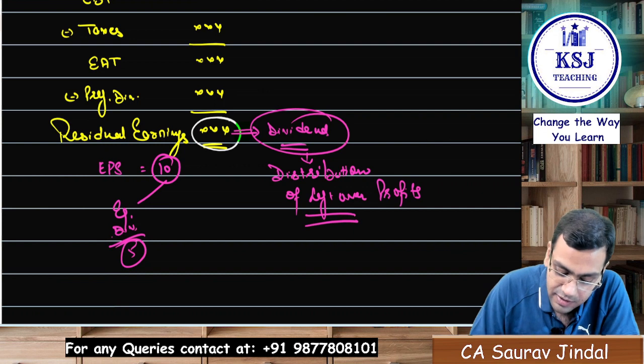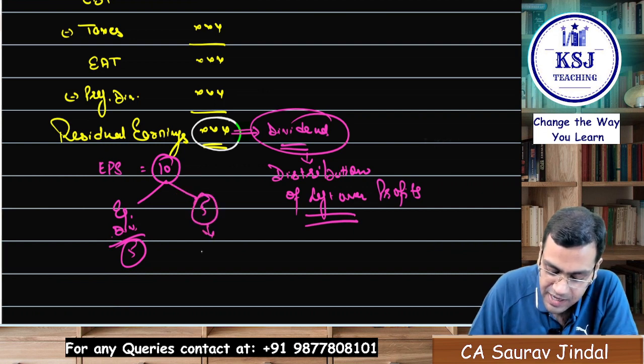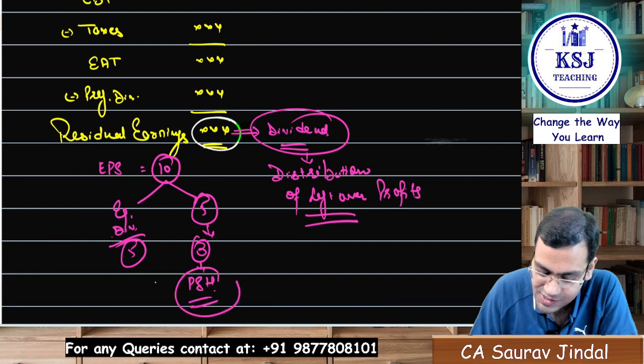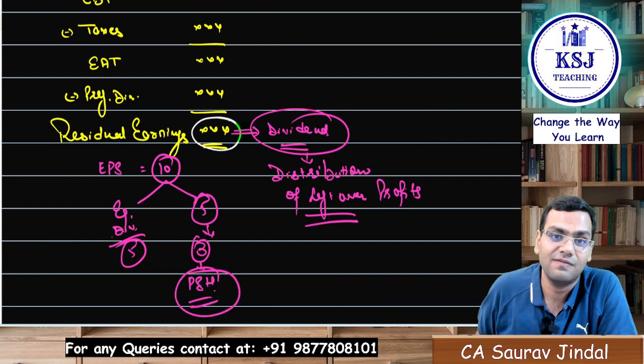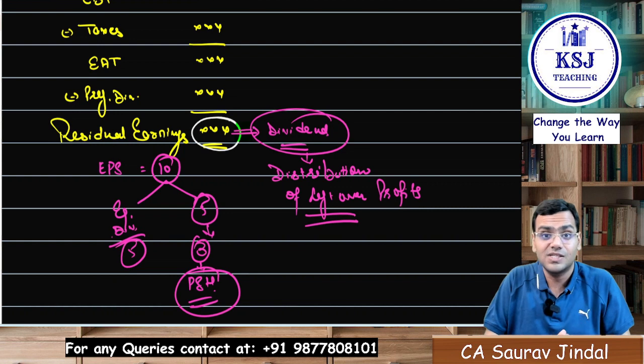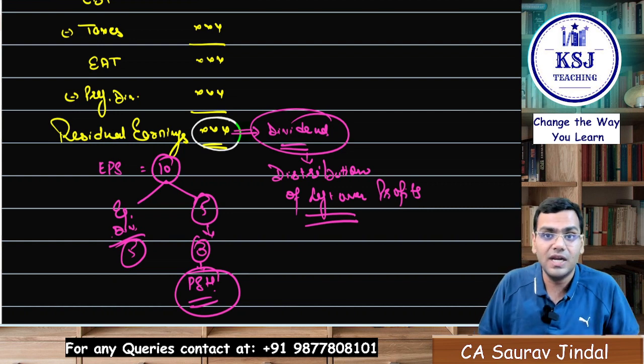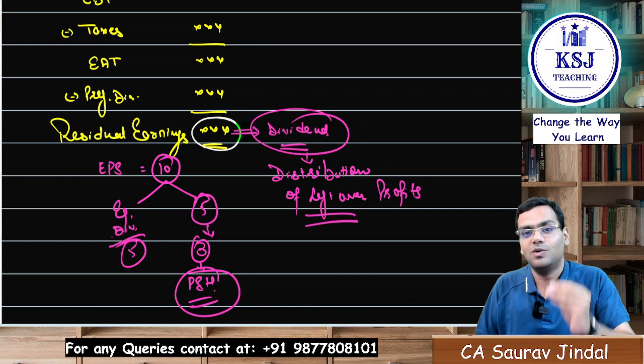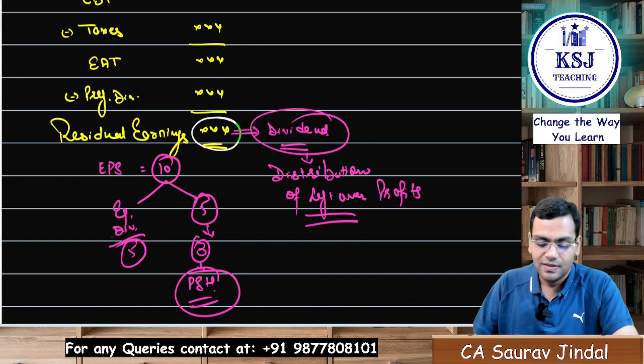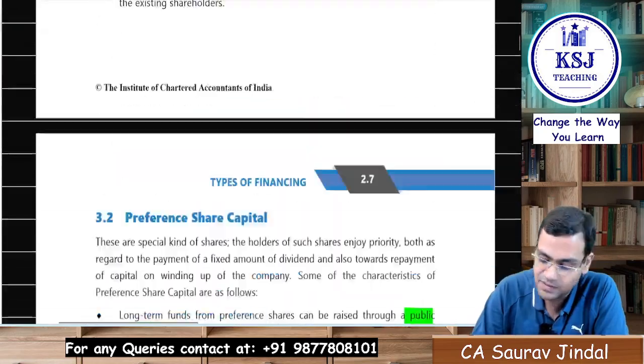Now the remaining 5 rupees, if you pay 3 rupees to preference shareholders, this is what is known as participative: out of the surplus funds left after paying the equity dividend, if the preference shareholders have the right on that, that is known as participative preference shares, right?